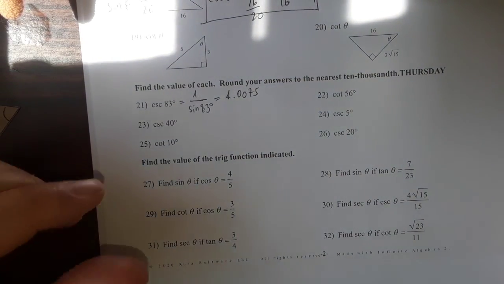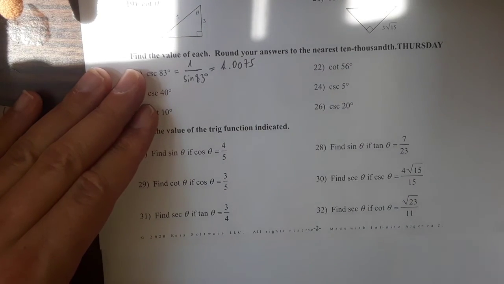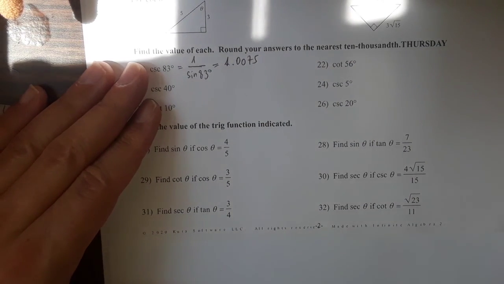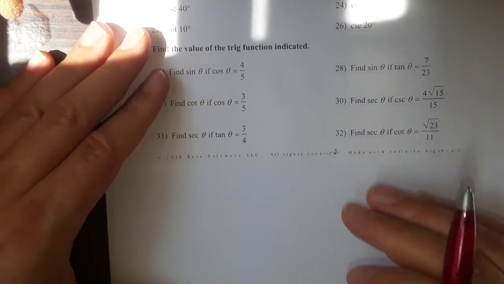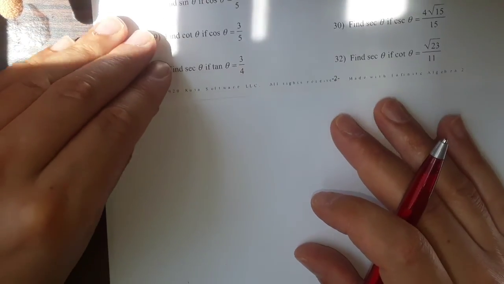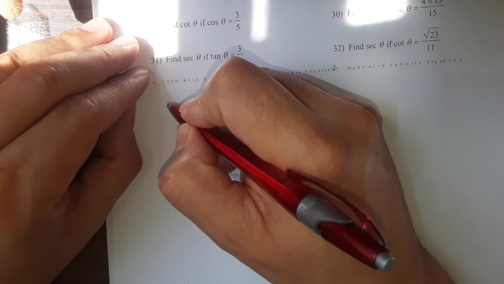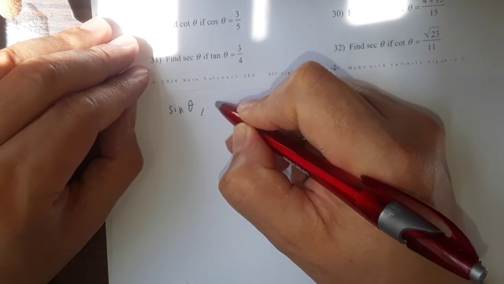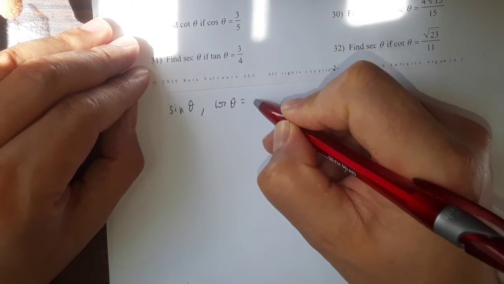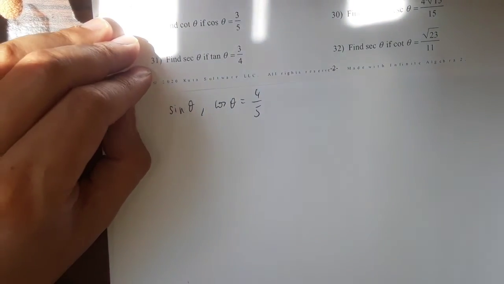And then number 27, I'm going to do also number 27 and 29 because these ones are more challenging. So we have sine for number 27. They're asking sine of theta when we have cosine of theta equals 4 over 5, right?